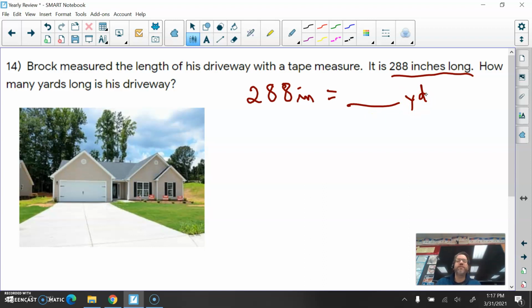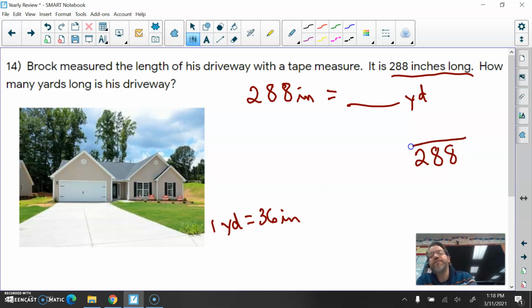Now you might not know how many inches are in a yard. If you do know that 1 yard equals 36 inches, then you're in business. All you have to do is take 288, divide by 36, and you're going to have your answer.